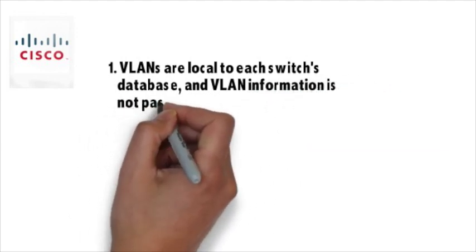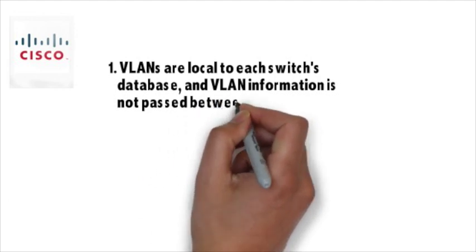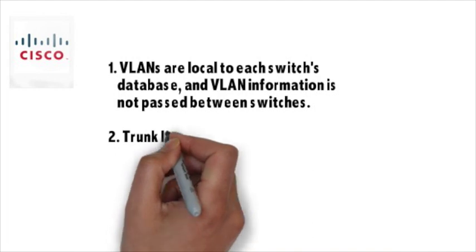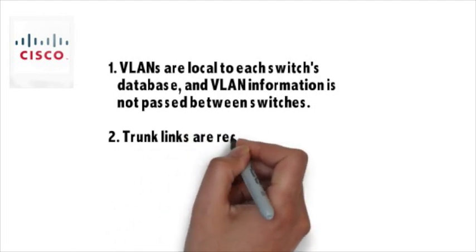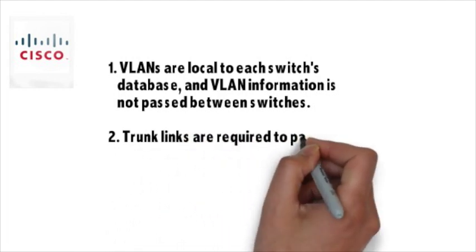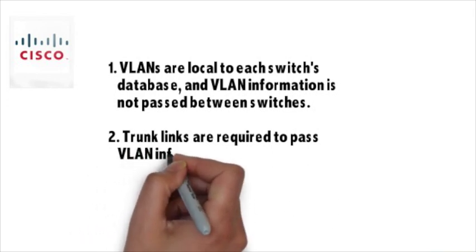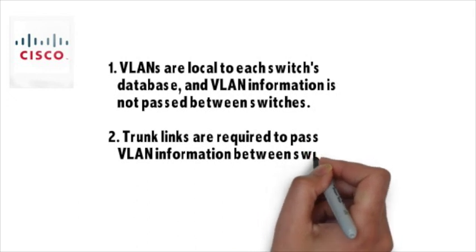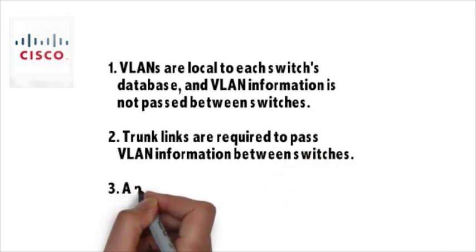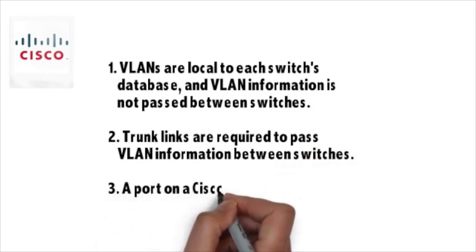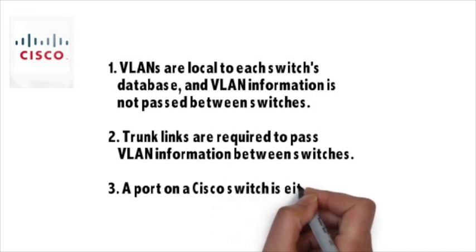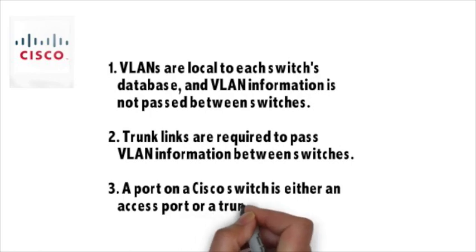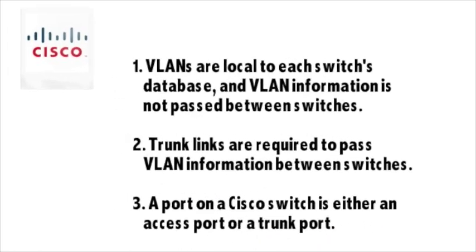A port on a Cisco switch can either be an access port or a trunk port. In this Packet Tracer activity, we need to provide a trunk link on the switch's gigabit ports so that the VLAN information will be able to travel from, say, switch 2 to switch 3. So we're going to provide that middle point.